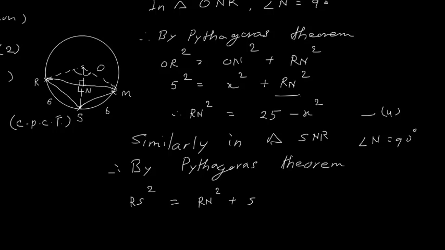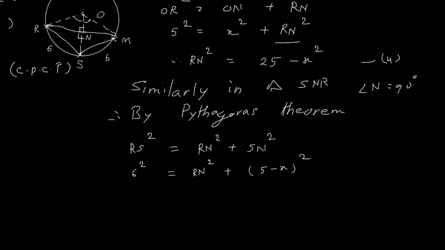Now the value of RS is 6, so this is 6 square is equal to RN, we don't know the value of RN, so this is RN square plus SN, the value of SN is 5 minus x the whole square.